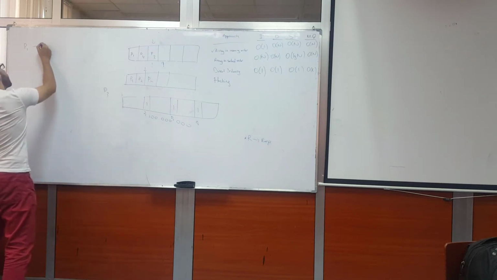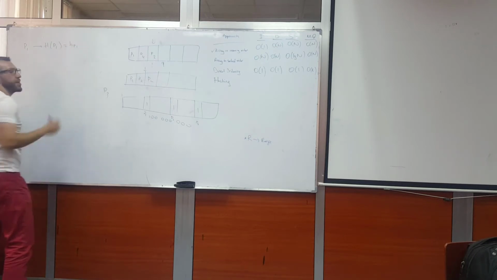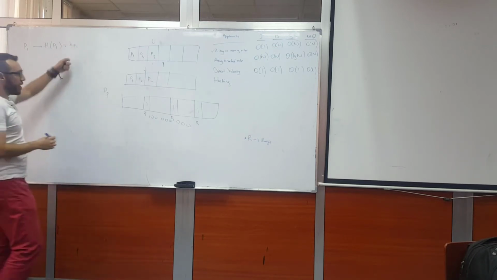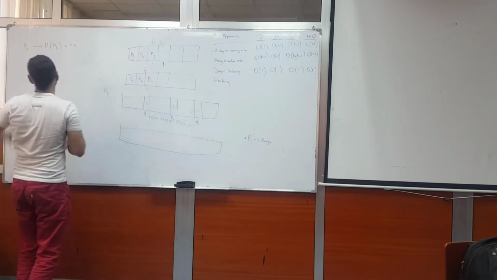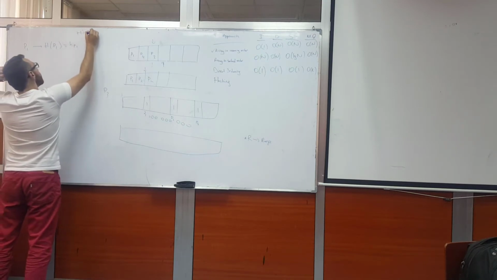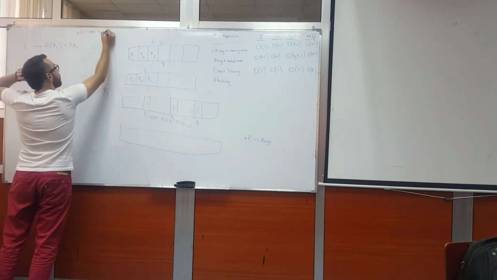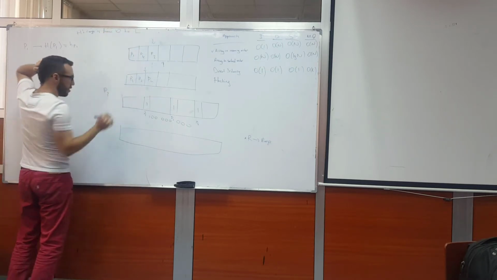So we apply the hashing function to P1, and then we get HP1, let's say. After that, I go to my array here. H is a function, and the H range is from 0 to L.